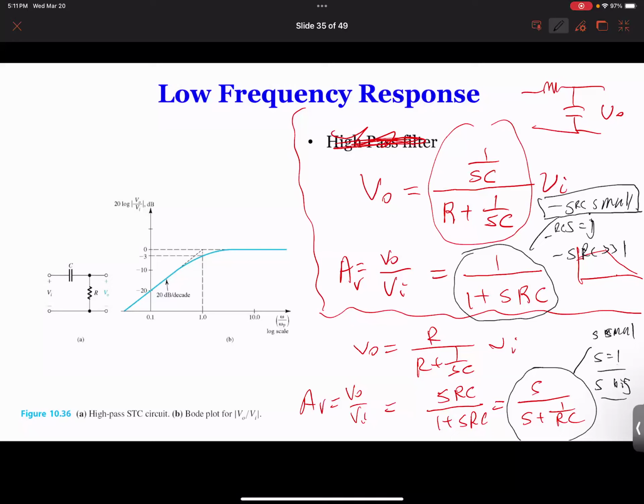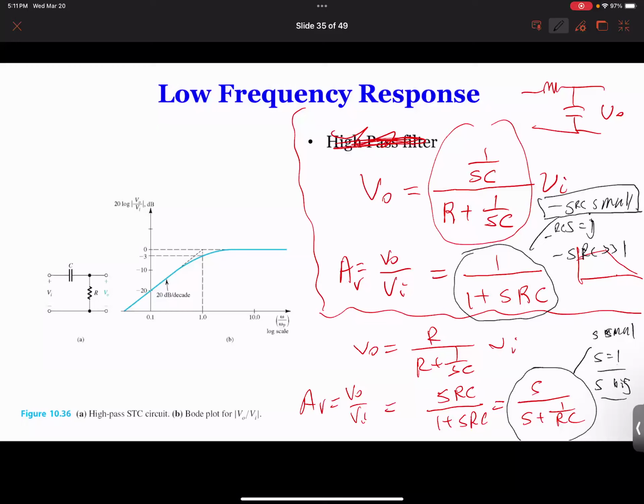You can't neglect it. And then when S is small, this can be gone. So you move RC over here, and your output is really proportional to omega. Proportional to omega means it's a proportional increase. When omega increases, your gain increases. Okay, that's easy to understand.